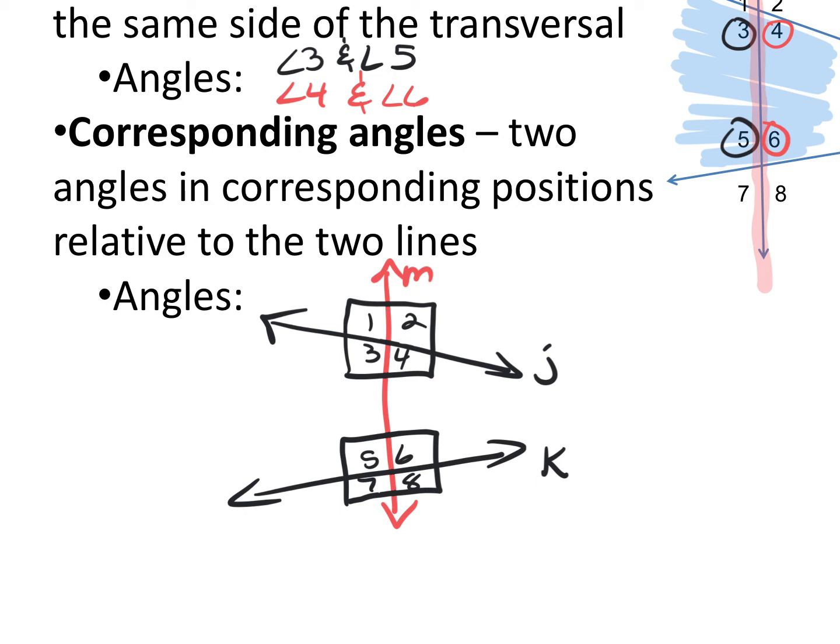So for example, angle 1 is in the top left corner of the box, and it's going to match with the angle that's in the top left corner of that box. So I can say angle 1 and angle 5 are corresponding. Then I can do the top right corner of the box, 2 with 6.